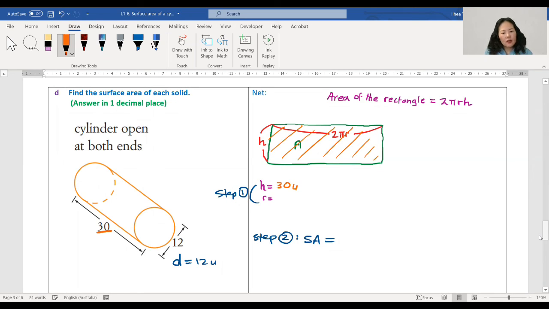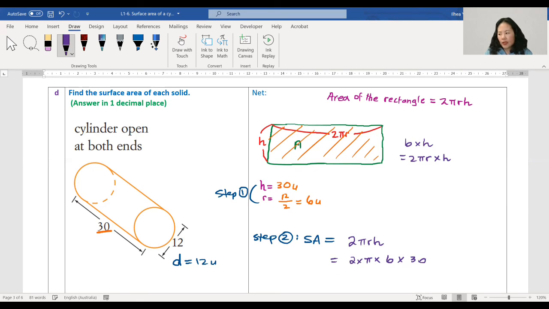And again, the diameter is given, 12 units. So we need to find the radius. So it'll be half of diameter. Half of 12 is 6 units. Now, all I need is the rectangle part. Just do base times height, which is 2 pi r times the height, 2 pi r h, which is 2 times pi times my r was 6, my h was 30.